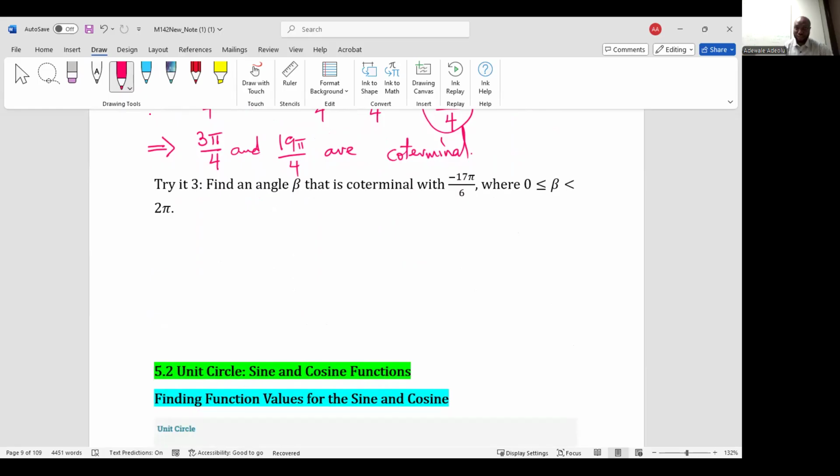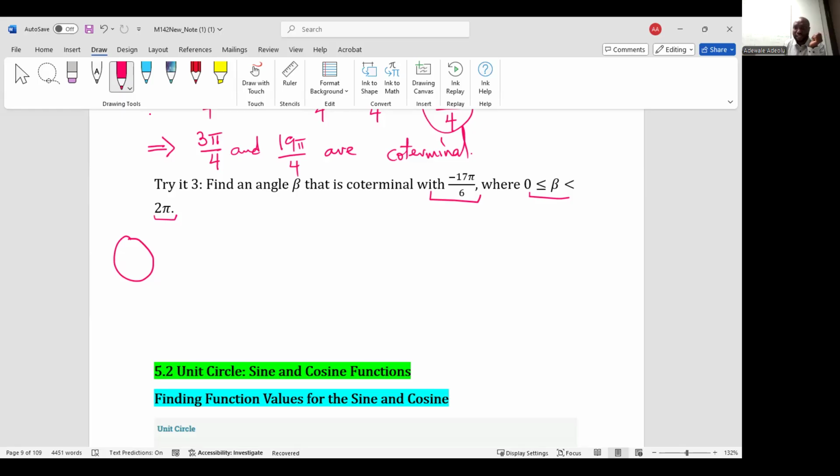Find an angle that is coterminal with negative 17 pi over 6, where your angle beta is between 0 and 2 pi. That is just in one full cycle. You want your answer in just one full cycle.